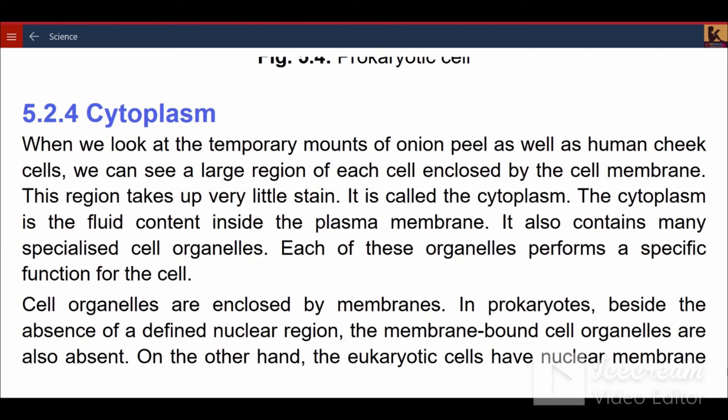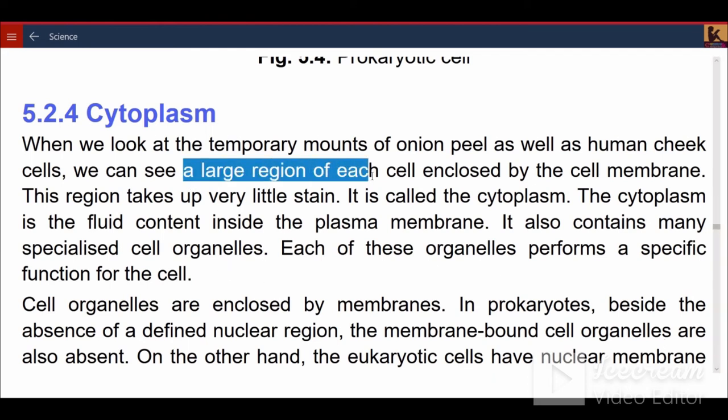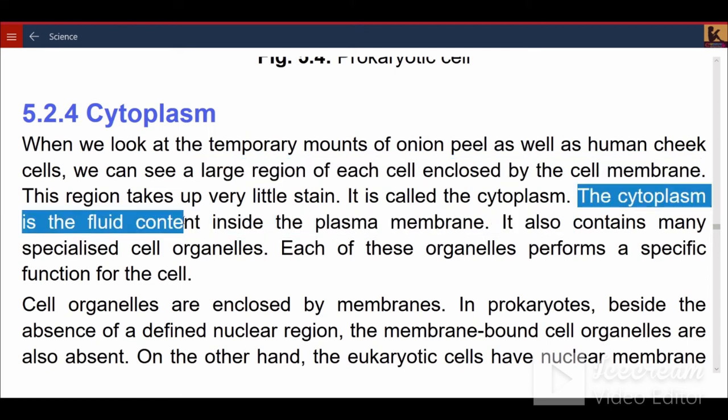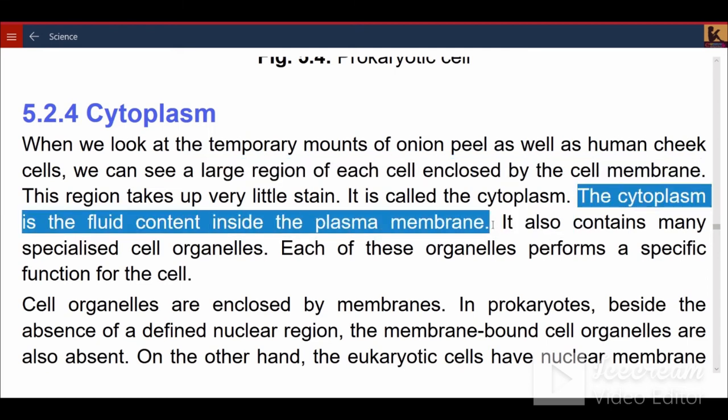The cytoplasm is a large region of each cell enclosed by the cell membrane. It looks like a fluid content inside the plasma membrane.